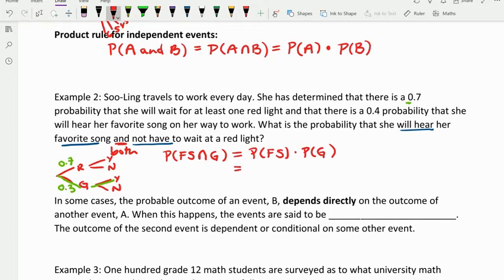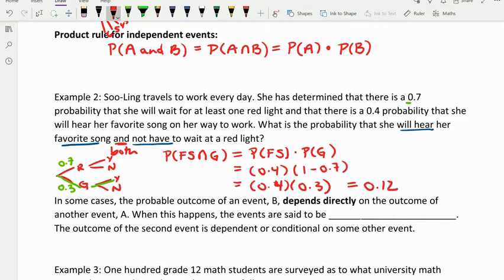Well, the probability of a favorite song is actually 0.4. And the probability of a green light is 1 minus a red light. I'm just going to write that out so we have it. 0.4 times 0.3 for a total answer of 0.12 is my probability of both things occurring.